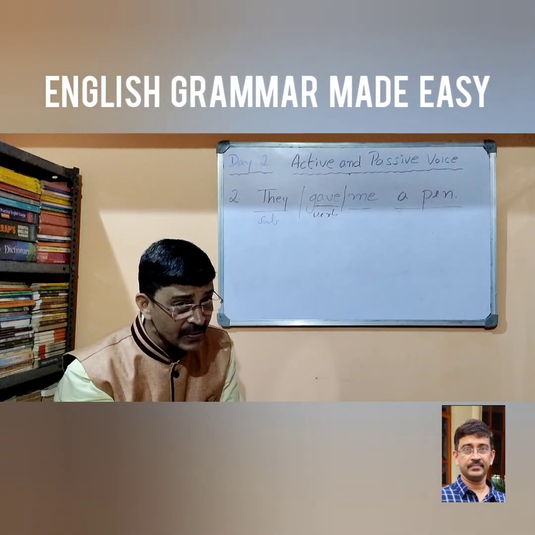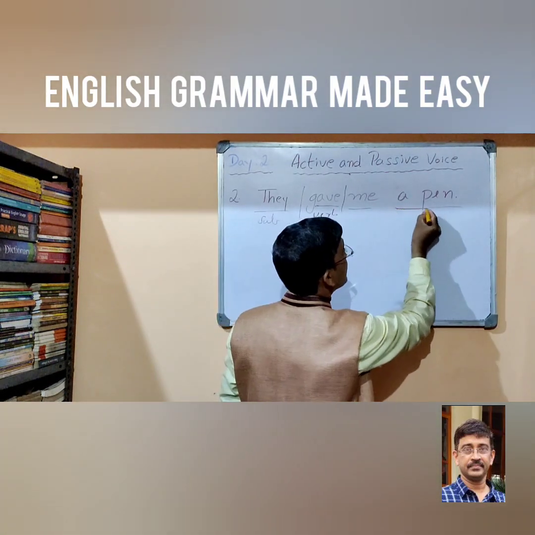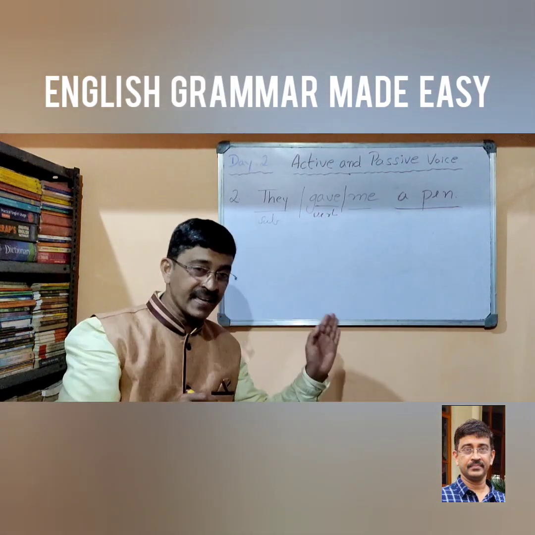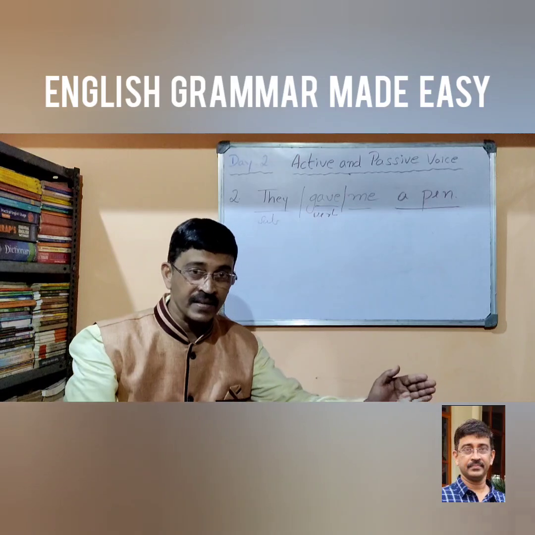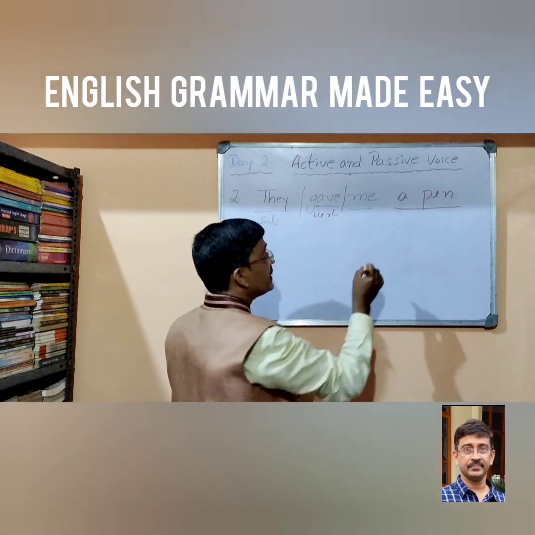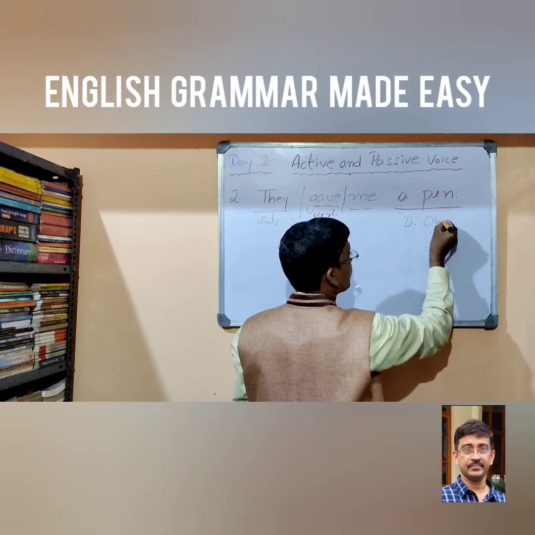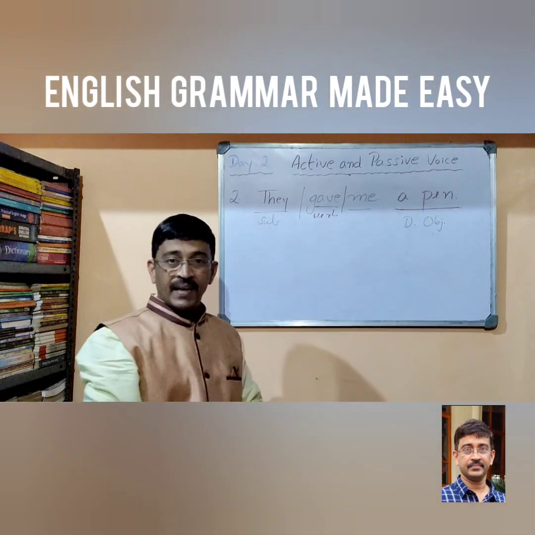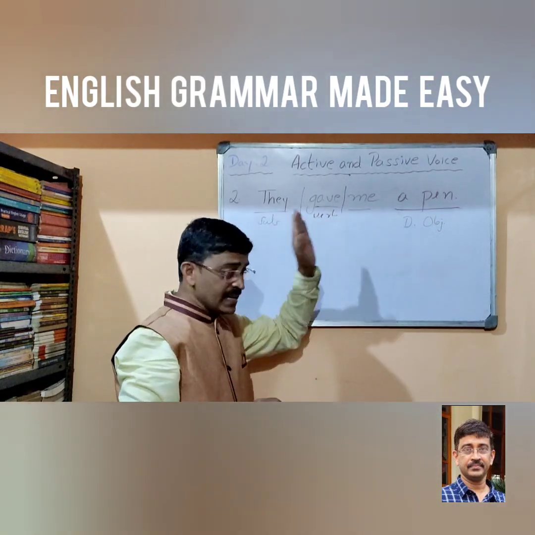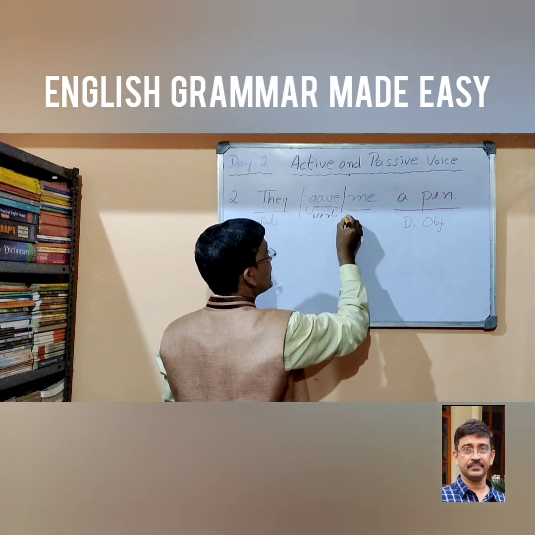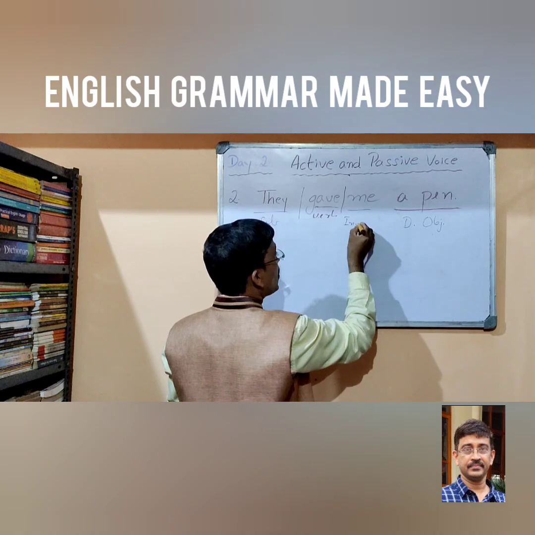What did they give? A pen. This is very important. They gave a pen. So a pen becomes the direct object. And then "me." One more object you have, and it is the indirect object.